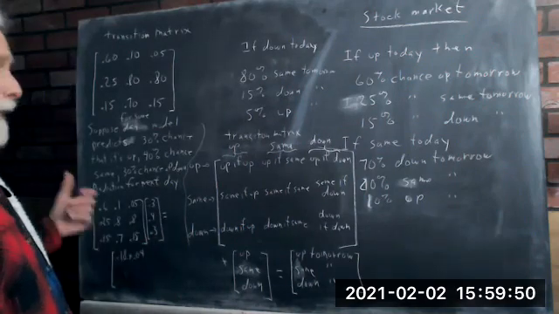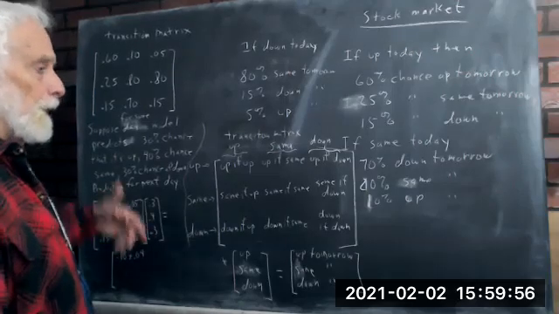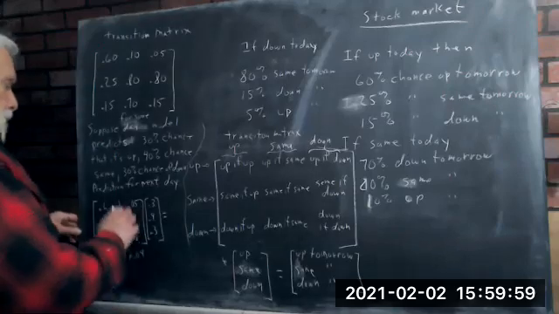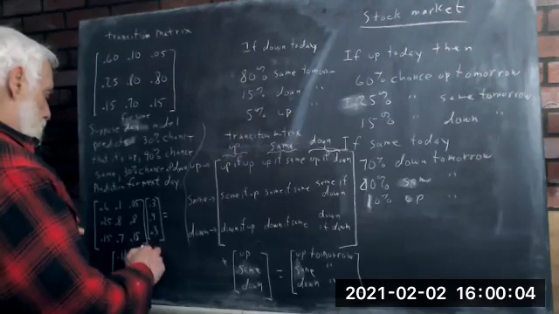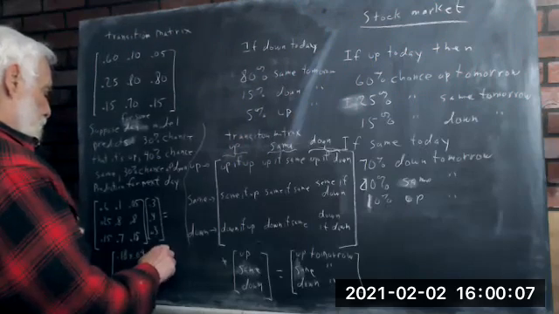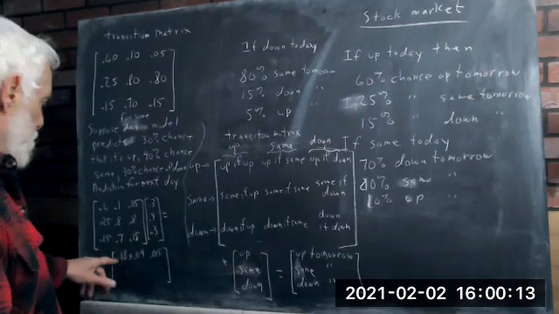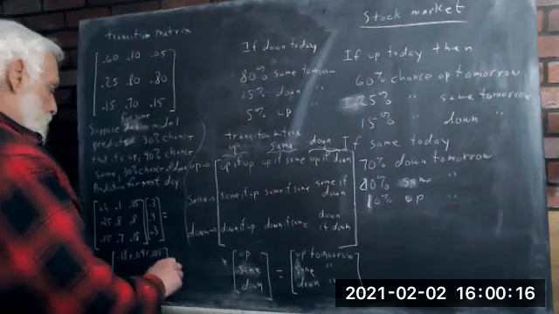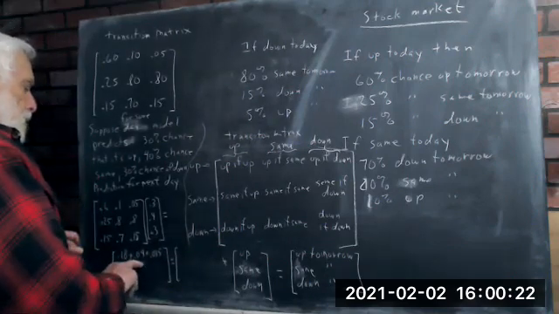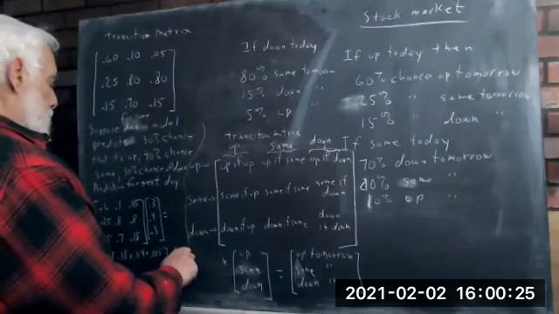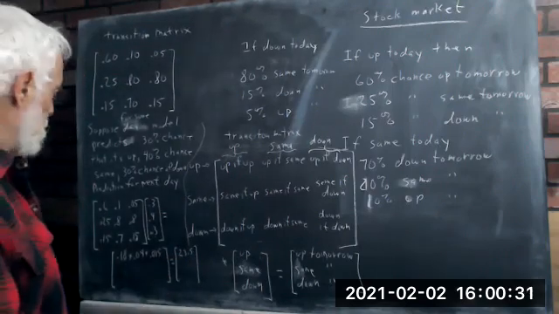And then if it's down, there's a 30% chance that it's down, and if so, there's a 5% chance that it'll then go up. Well, 0.3 times 0.05 is 0.015. And those are our numbers. And that's going to tell us the probability it's going to be up tomorrow. Well, that's 18, 22, 23.5%. So it's looking like not a real good chance it's going to be up tomorrow.